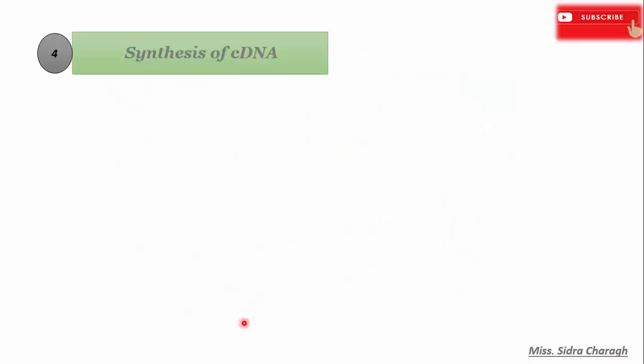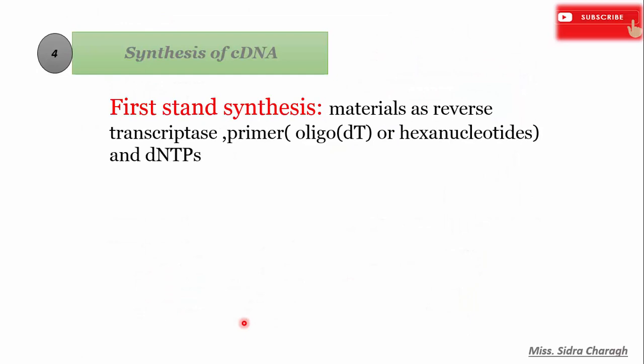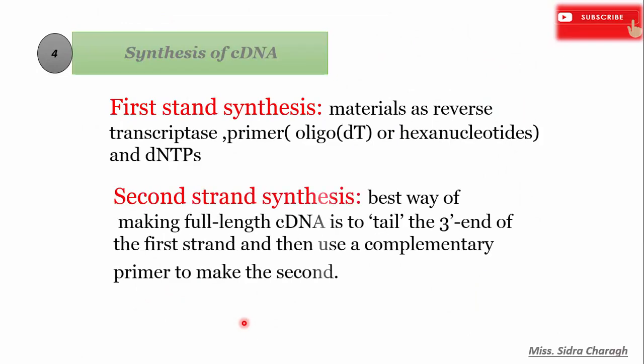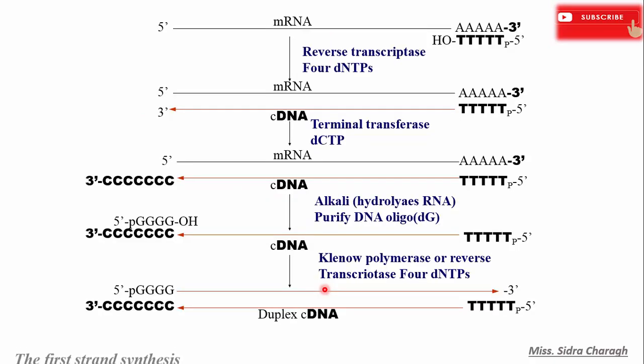Synthesis of cDNA involves first strand synthesis, then degradation, and then second strand synthesis. In first strand synthesis, we use reverse transcriptase, primer, oligo-dT, dNTPs. For second strand synthesis, the best way of making full-length cDNA is to tail the 3' end of the first strand and then use the complementary primer to make the second strand. Here is first strand cDNA synthesis.